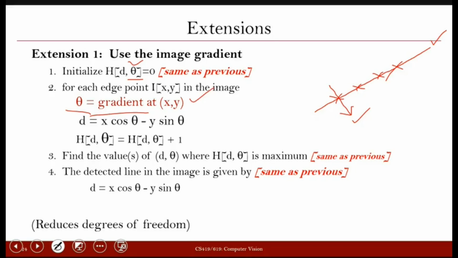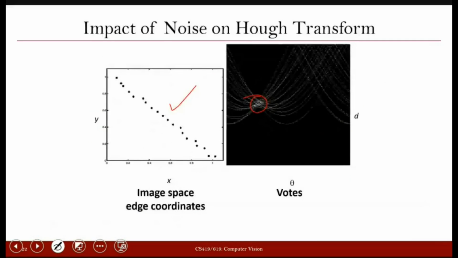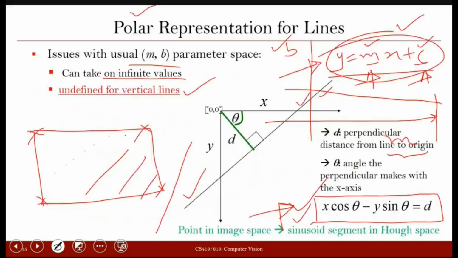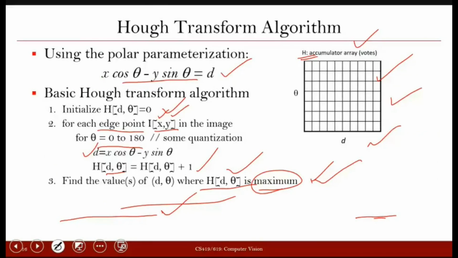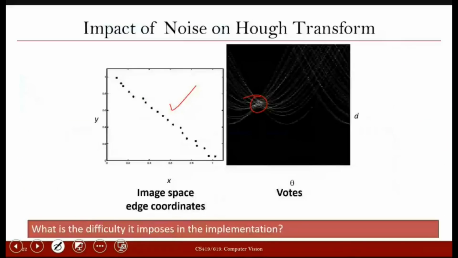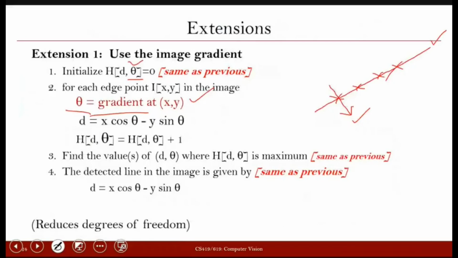For that particular theta only we need to do this computation, and that theta can be directly used, because if you see this representation here, this theta is nothing but the direction of the gradient. Okay? And when we are representing this, we are looking for this direction. So from the edge image, if you can get the direction of the gradient, that can be directly used in this equation, and then we don't need to go for each possible computation for theta equal to 0 to 180 degrees.